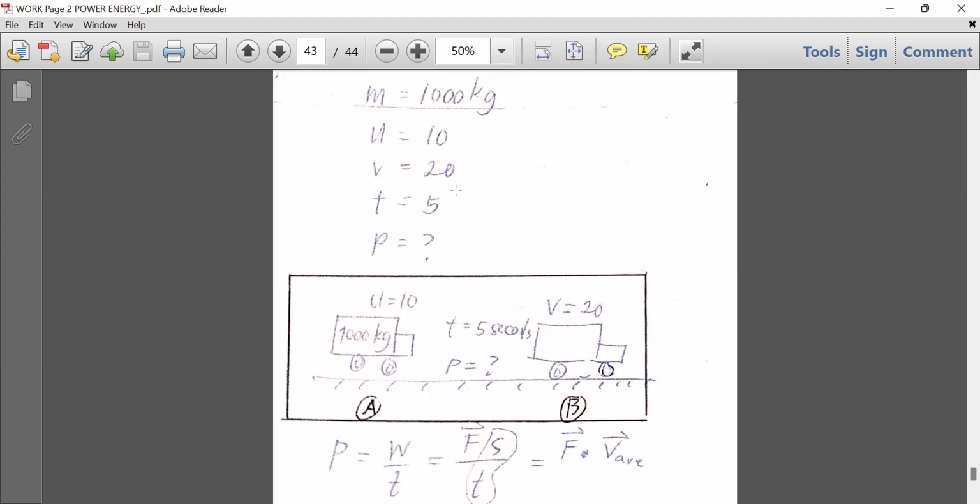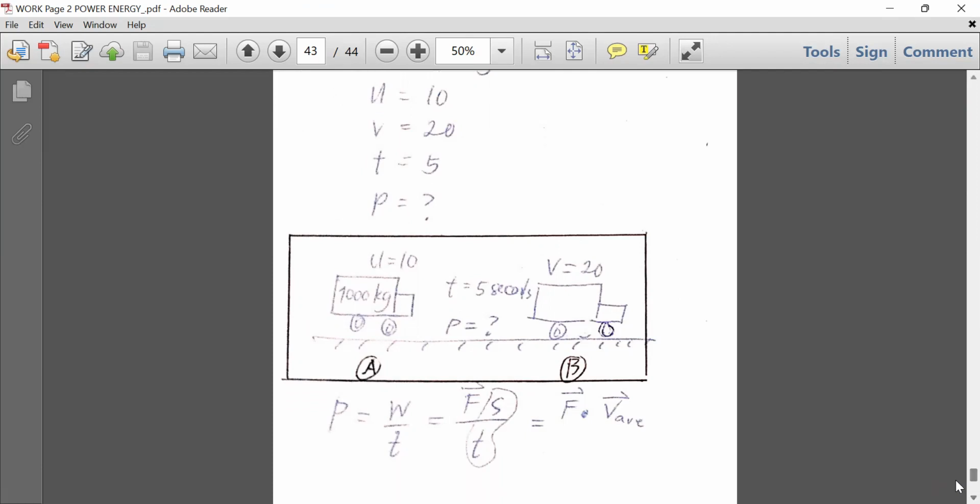The time is 5 seconds. The question is how much power was expended after 5 seconds? Its initial position is at point A and its final position is at point B. So what's the power of the truck? The power expended by the truck after 5 seconds.